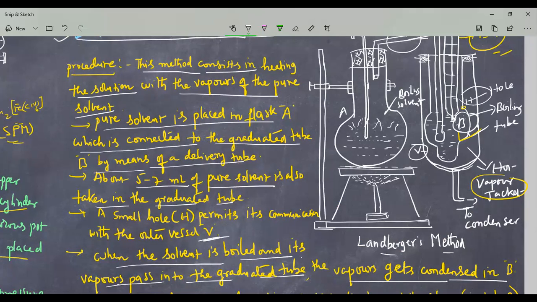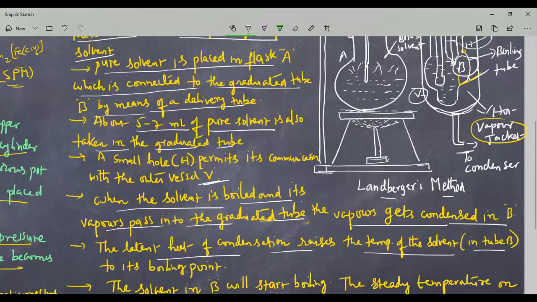In that, the latent heat of vaporization, the condensation, raises the temperature of the solvent. Latent heat is nothing but the enthalpy energy of that condensation, and the temperature of the solvent definitely increases.